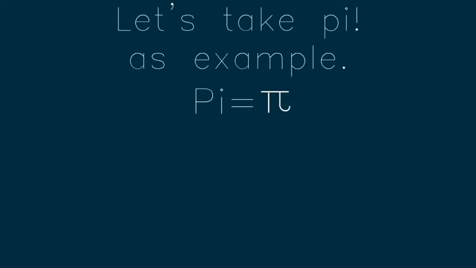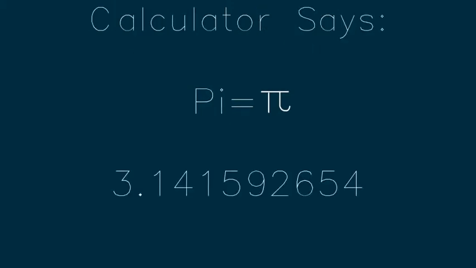Now let's take the example of pi. You can either write pi as pi or you can have the pi symbol, okay? And the calculator for the symbol pi says that the answer is 3.141592654, and in fact the calculator just gave me this number, but it keeps on going because the calculator rounds off.